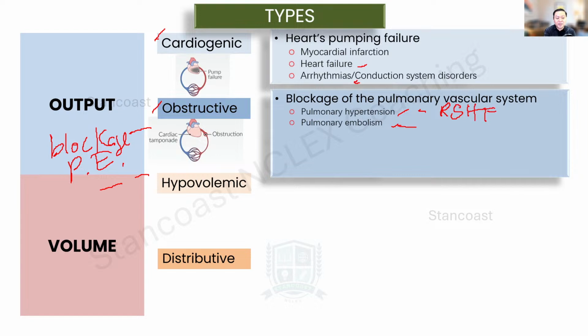The same thing with a massive pulmonary embolism. It can also lead to right-sided heart failure, and it can also affect the cardiac output. All right? There will be a lot less amount of blood that will be oxygenated by the lungs because the heart, the right side of the heart, is poorly pumping or poorly forwarding the blood for oxygenation.